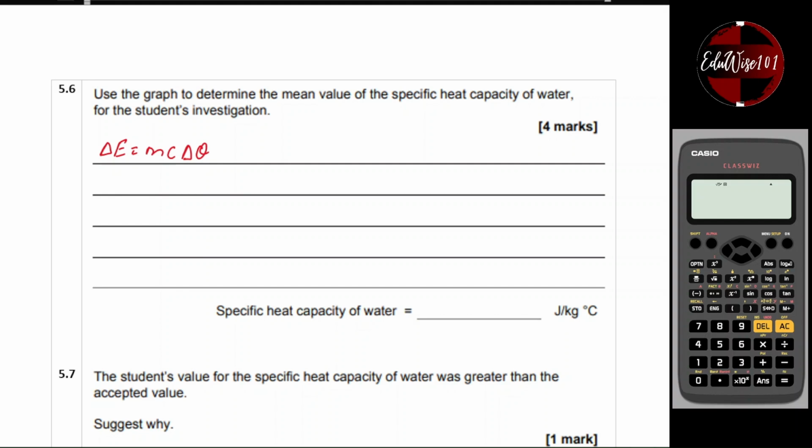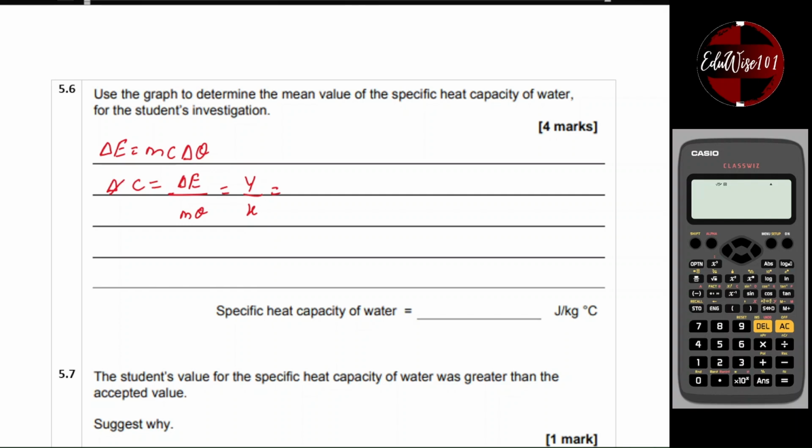Rearranging that equation, C, specific heat capacity, is the energy transfer divided by the mass times the temperature change, which is actually the gradient of the graph, y divided by x. So we can find the y and x values from the graph.